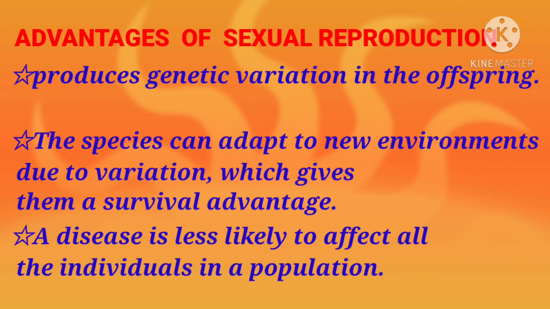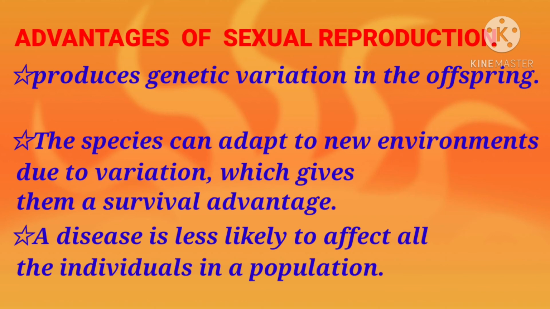Actually, the young ones produced by these methods have genetic variations. That means they do not possess characteristics exactly the same as their parents. They have certain variations, and this is one of the most important advantages of sexual reproduction, which helps in evolution.